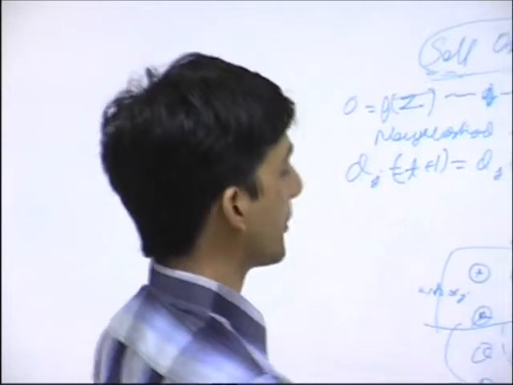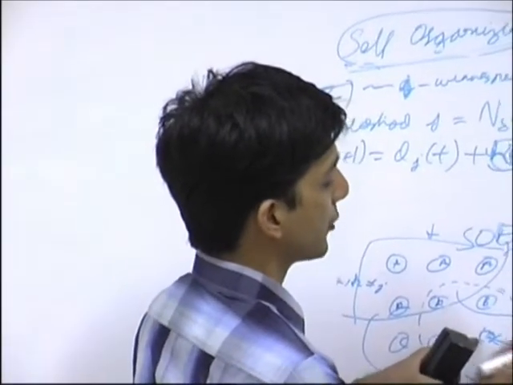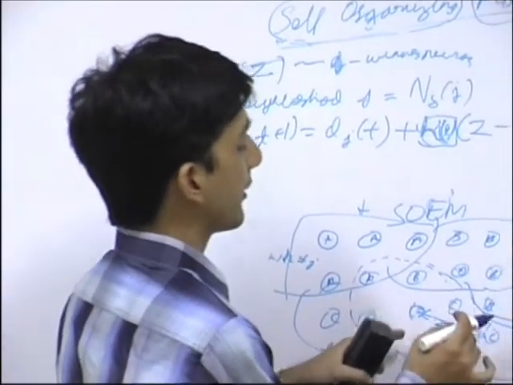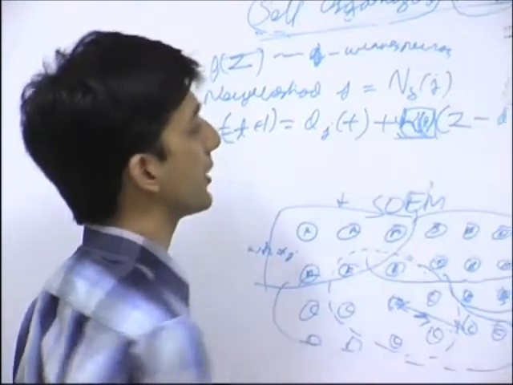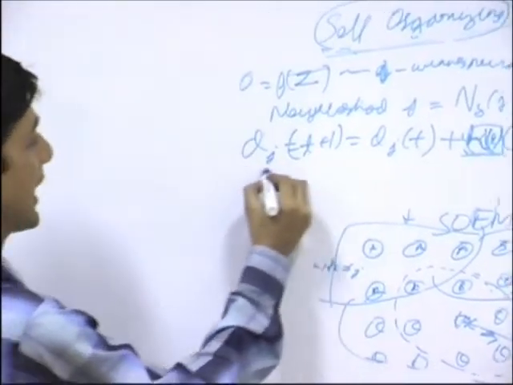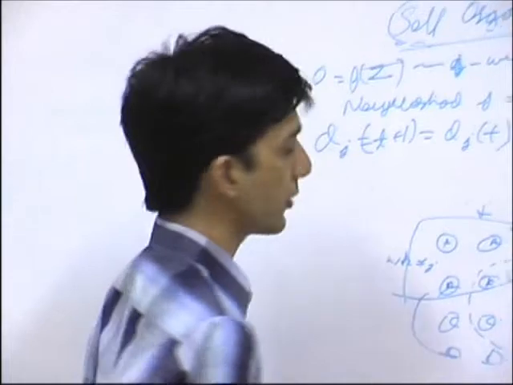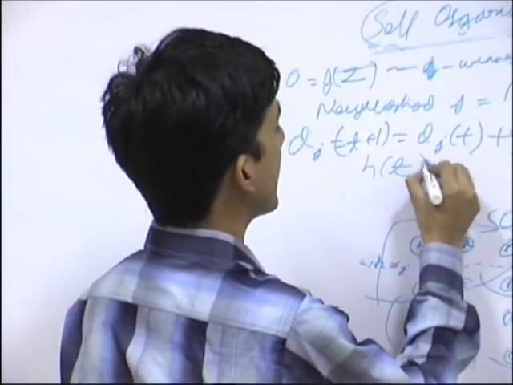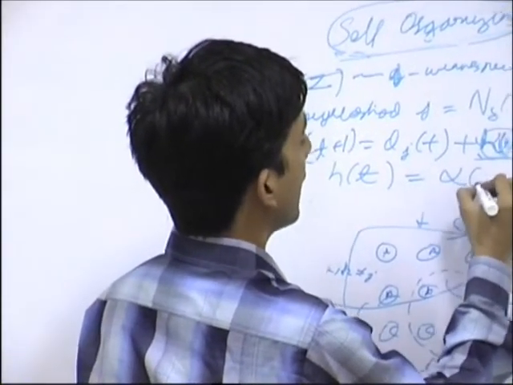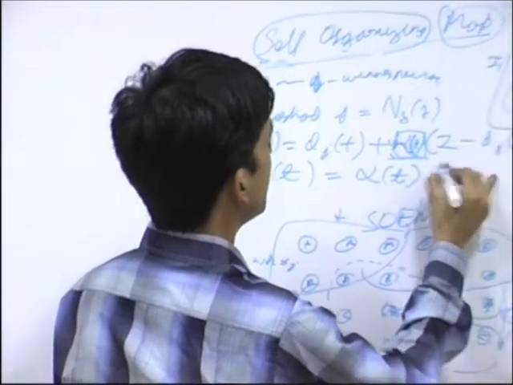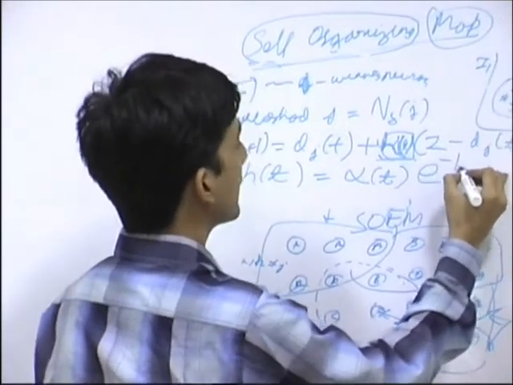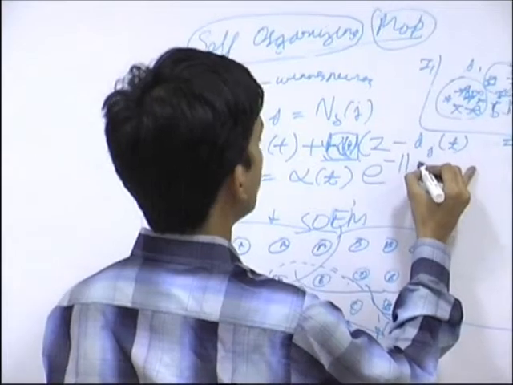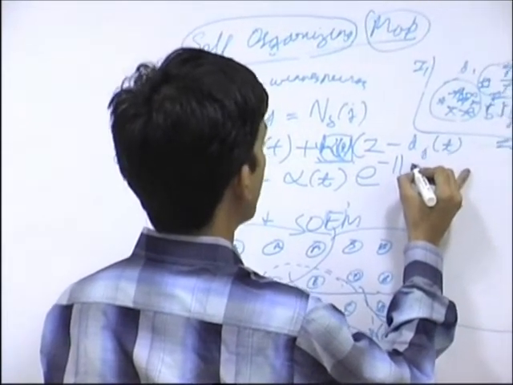So as we go about in this feature map, the effect of h_t should reduce. So we say that h_t has to be proportional to r. What we take is that h_t equals alpha_t times e raised to the power minus the difference between the neurons squared, divided by 2 sigma_t squared.